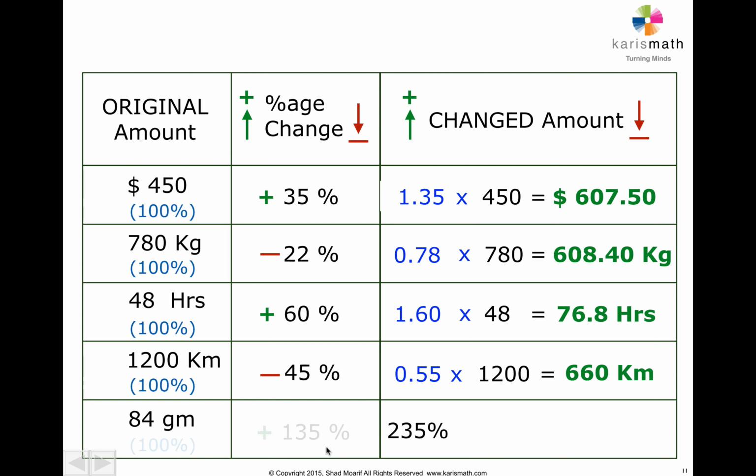That's right. So 235% of 84, what does this become? Who can answer this? 235% is what in decimals? Excellent. 2.35 times 84 is 197.4 grams. There's your answer.